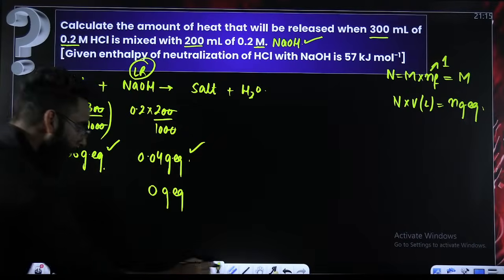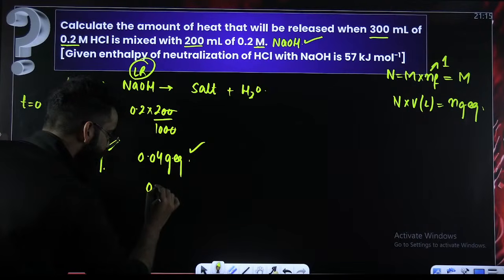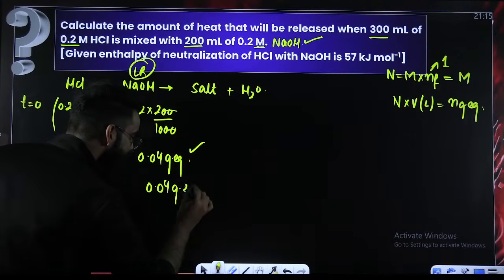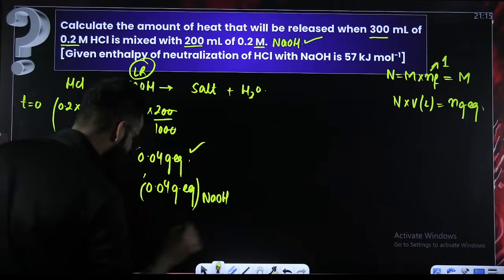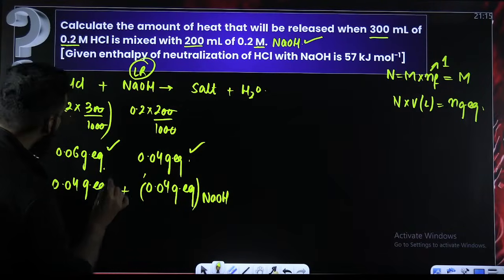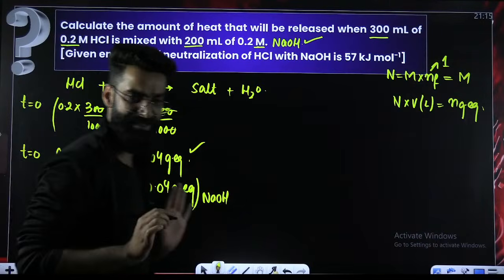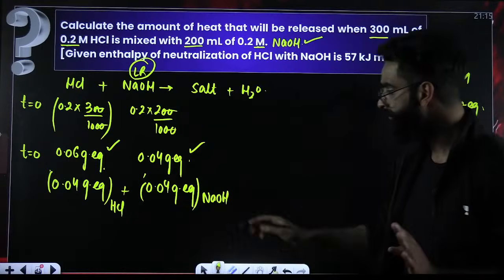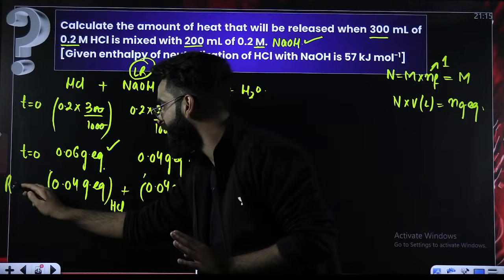So I got to know that 0.04 gram equivalents of NaOH have reacted with 0.04 gram equivalents of HCl. These are the gram equivalents of acid and base which have reacted.